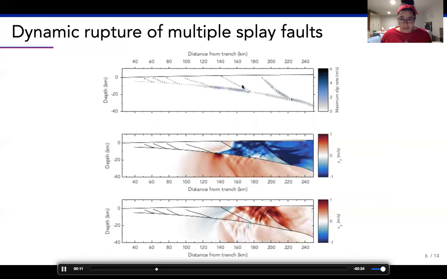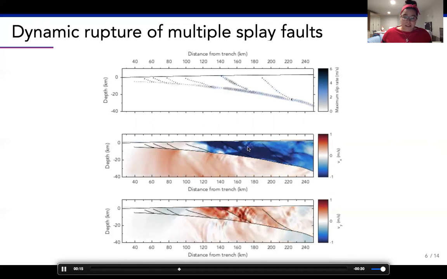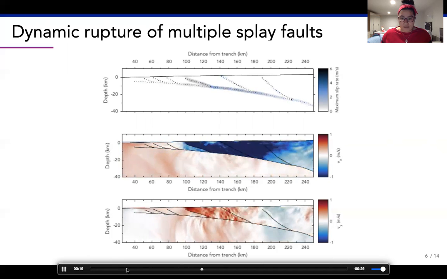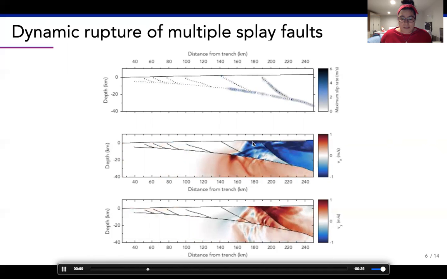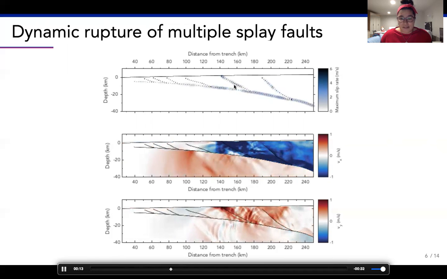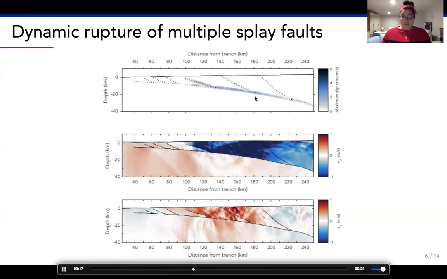It doesn't go on the other splay fault, the next one, but it does go there when there are waves going back. So if we go back a little bit, you can see these waves, they hit the surface, they are going back, they are reflected, they impact the fault, and then it goes from the top towards the bottom. So that's actually quite interesting.